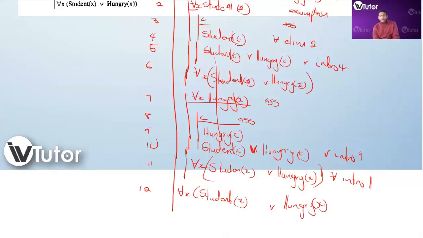And this is as a result of OR elimination. The first statement within the OR is number 1. The first subproof is number 2 to 6. Then number 7 to 11. Right. So that is that.